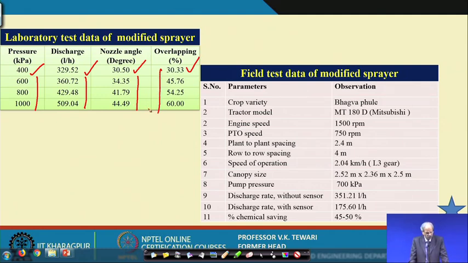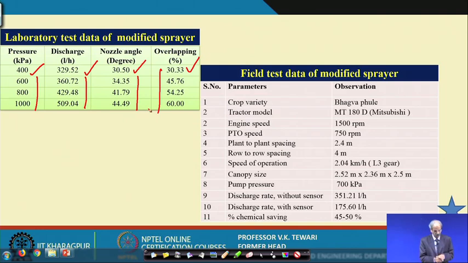What is important when you are using such units is that the designer or the engineer has to go into details of the location of the nozzle, the height of the nozzle, the spray angle of the nozzle, and how much overlap we want to put. These details are very important when you are doing the modification, the testing, or the design of such systems.